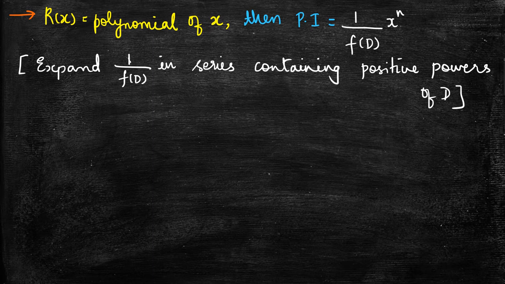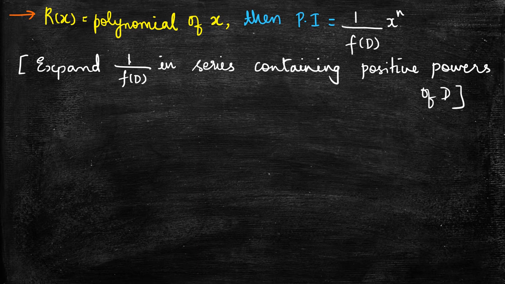So this is a simple one. After expanding, if you have 1 minus d the whole inverse, then you expand it like 1 plus d plus d square and so on. Then you differentiate and multiply those terms with respect to the given polynomial. On doing that, you get 1 into x power n, which is x power n, then plus d into x power n.